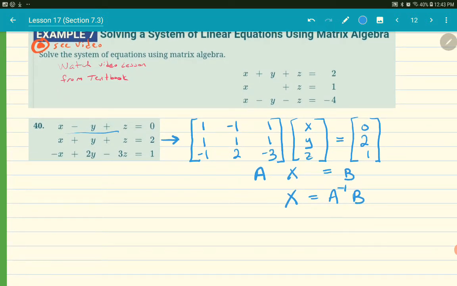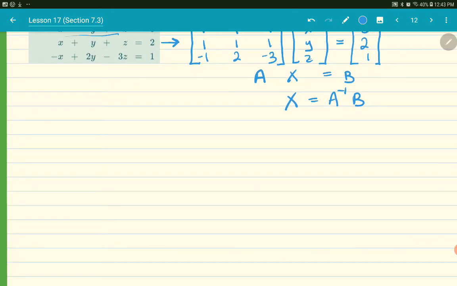Okay, so to find the inverse, that was 7.2.2. So to find the inverse of A, remember that if we take A augmented with the identity matrix and use row operations to convert it to the identity matrix augmented with another matrix, then that new matrix on the right becomes our inverse matrix.